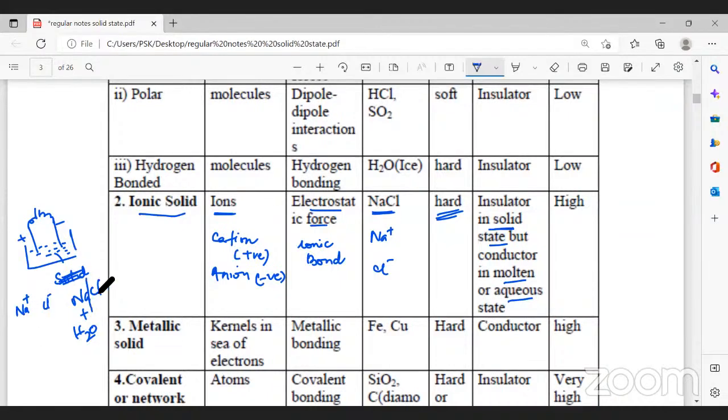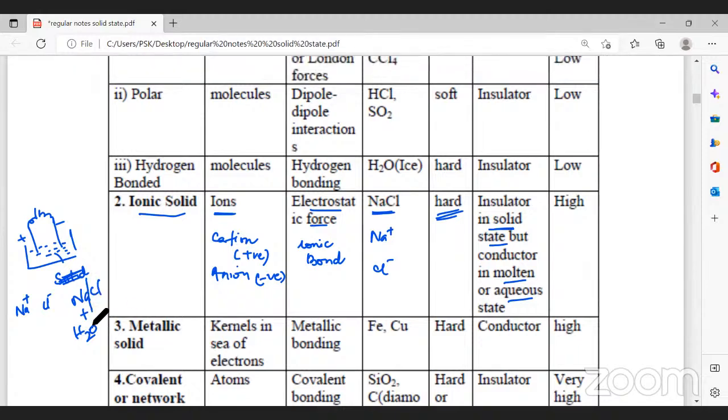Now, when you pass current, Na plus will move towards the negative electrode and Cl minus will move towards the positive electrode. These ions are called charge carriers. Since they carry charge, when you put a hand into it, you get a shock. That is why ionic solids are conductors in molten state or in aqueous state, and they have very high melting point.